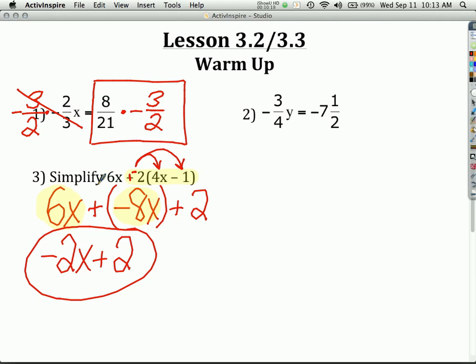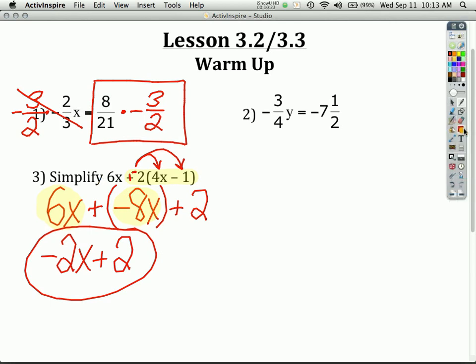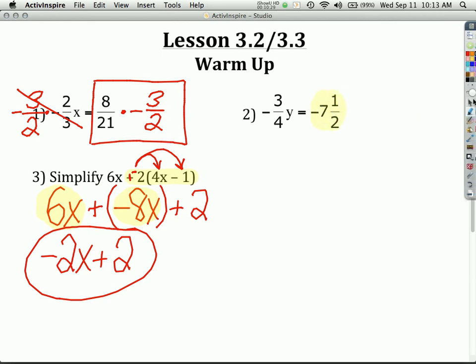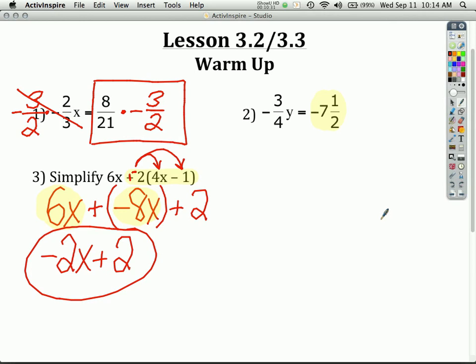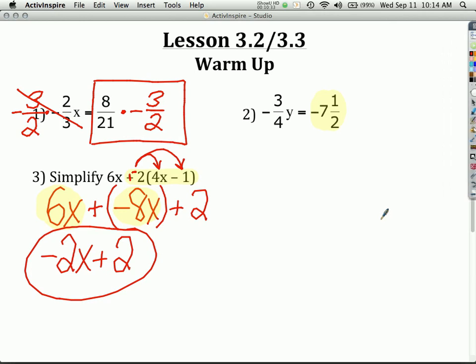Okay? Good. Number 2, there's one thing that I want to talk about. We have to do the same method that Anissa taught us, but how did you deal with this? That's ugly. How do you deal with it? Anne? I made it into a mixed fraction. Actually, that's a mixed number.